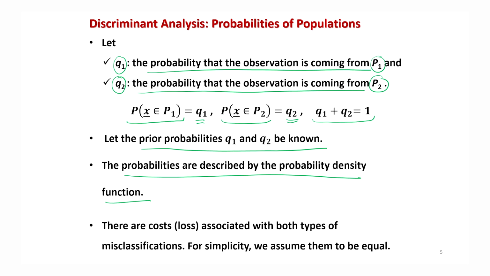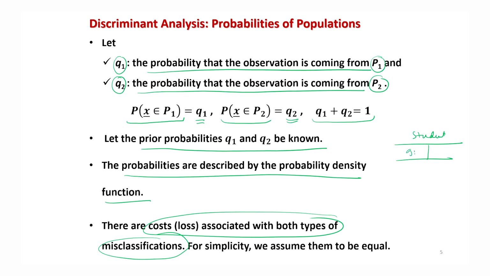And then obviously when you misclassify an observation into any group, there are always some losses, and losses are indicated by the costs associated with both types of misclassification. For example, suppose there is a student and there are two possibilities, that the student is good and the student is bad.